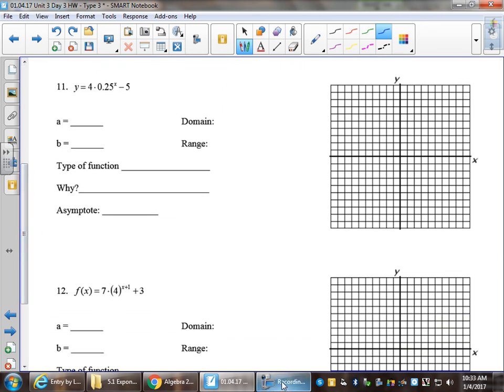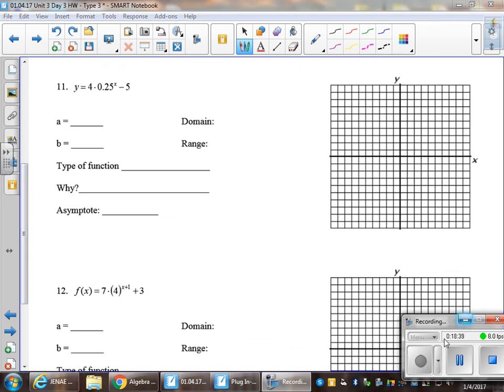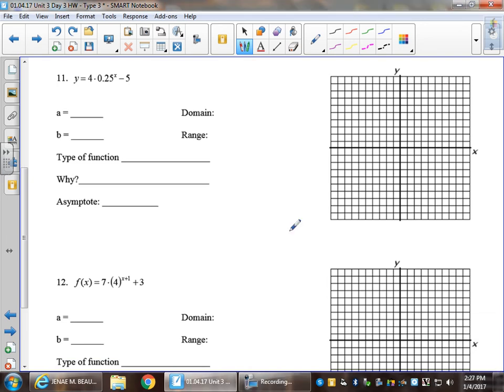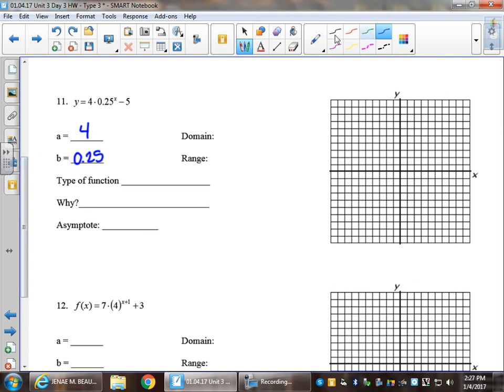Looking at number 11, A is 4, B is 0.25. When in doubt, you can always, right above it, write the general form, A times B to the x minus h plus k.